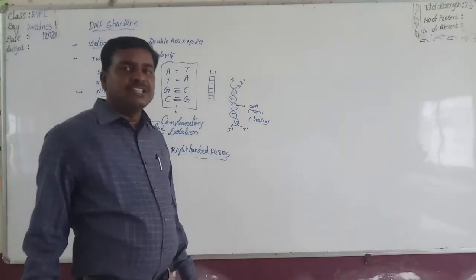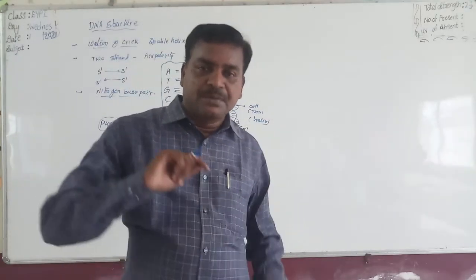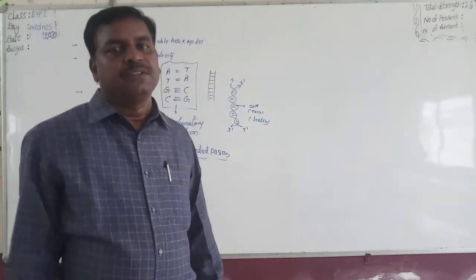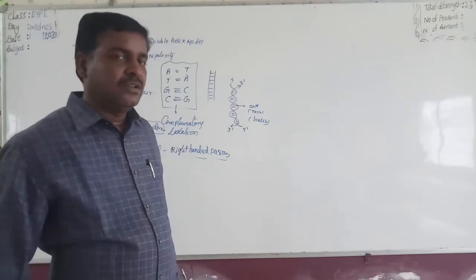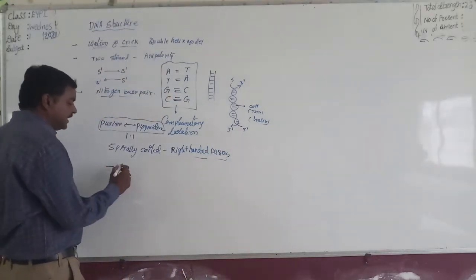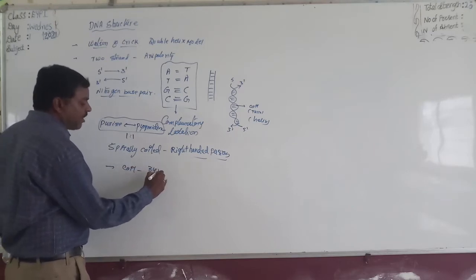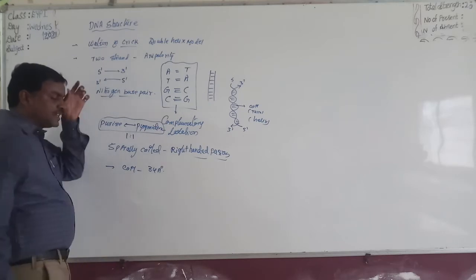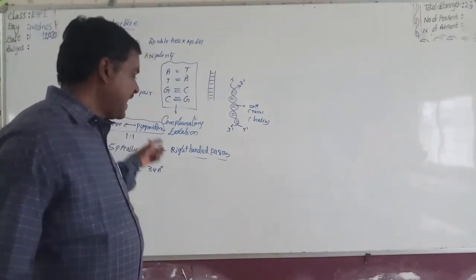Due to the spiral arrangement of the 2 strands, several coils, several turns, several helices are formed. The length of each helix coil is 34 angstroms.